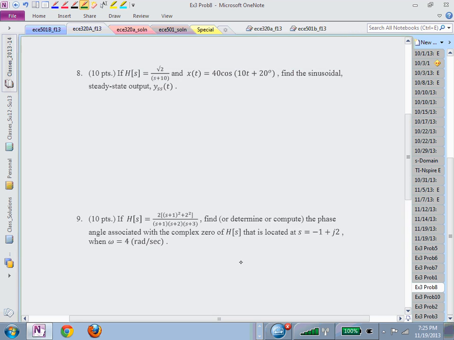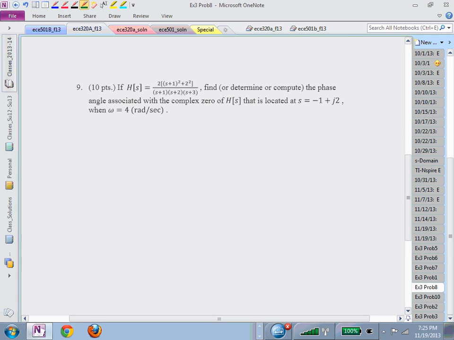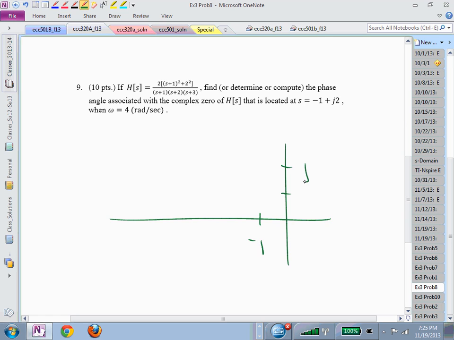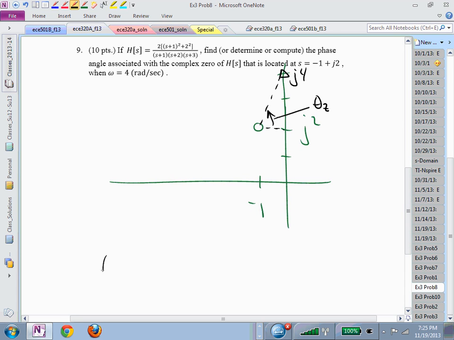Now you have -1 and J2. There's a 0. And you're asked to find what's happening right there. Was it the angle? What's that phase angle?